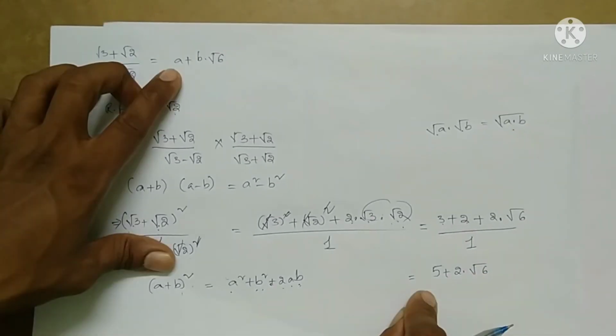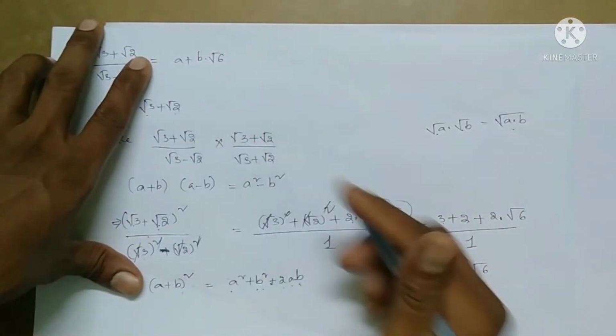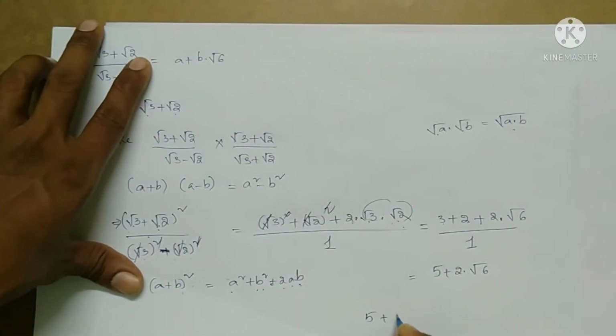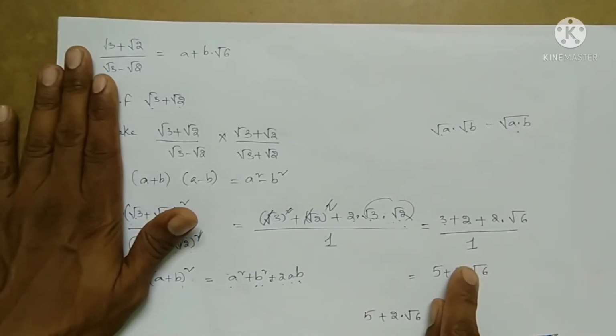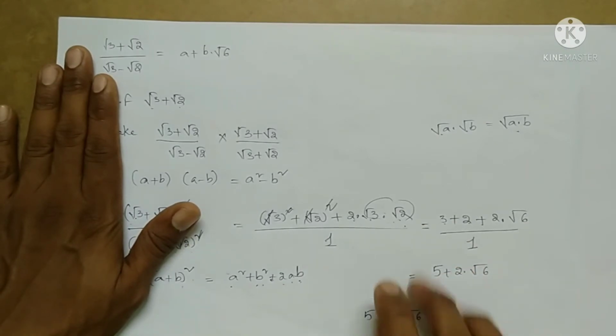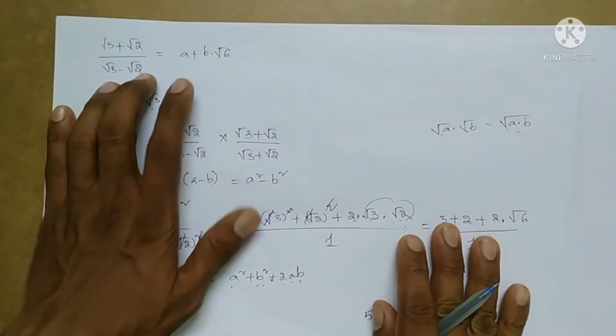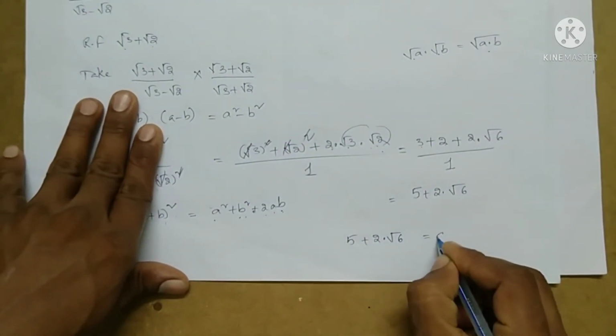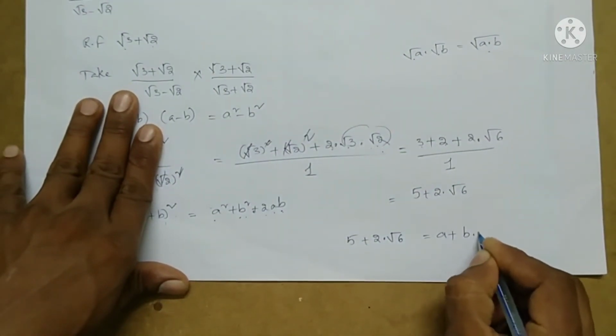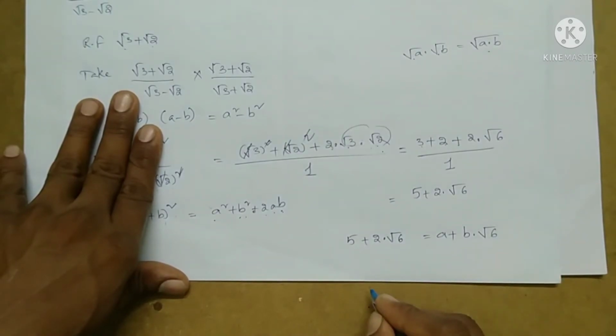So let's compare these results with our RHS. So 5 plus 2 into root 6 is the LHS result. Let us compare this result with our RHS values. So 5 plus 2 root 6 is equal to a plus b into root 6.